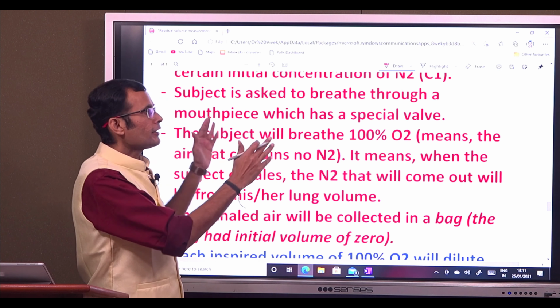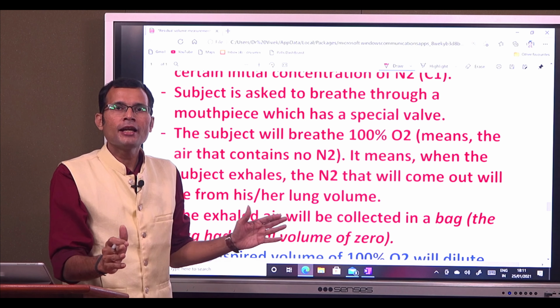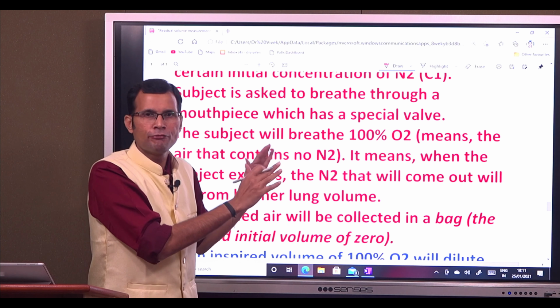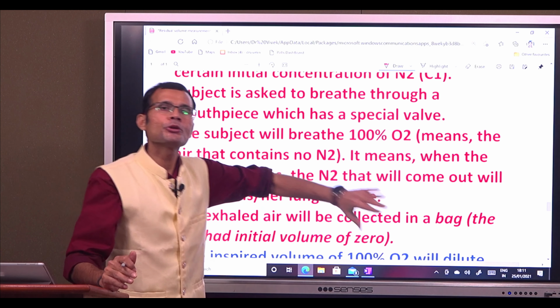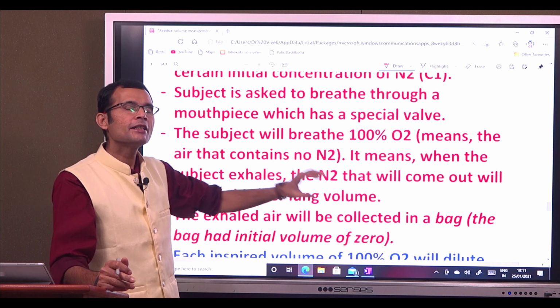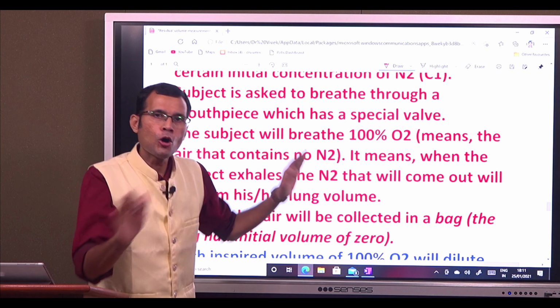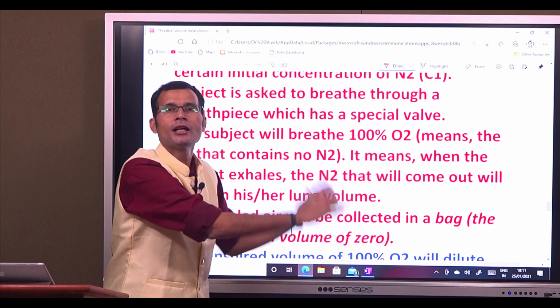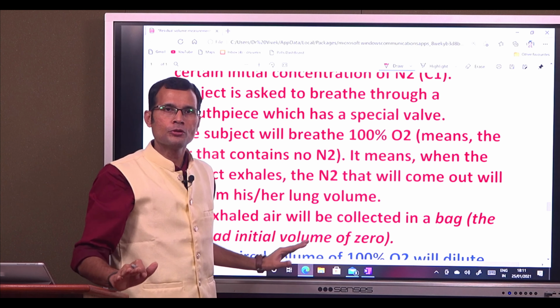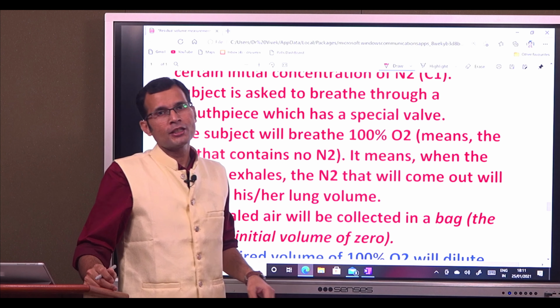We want that whatever nitrogen is there at the start of this method, the entire volume of that nitrogen is going to come out by the end of this method, all of it from the lungs alone, because we are measuring the volume of the lungs. Remember, in the helium dilution method, what was the requirement?